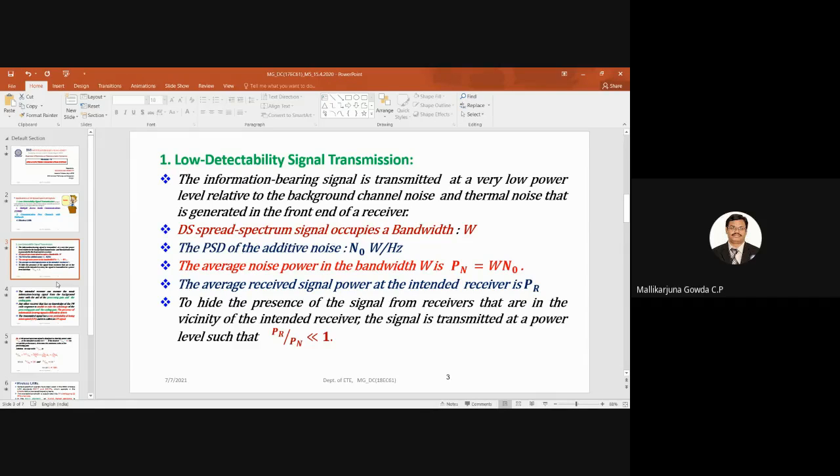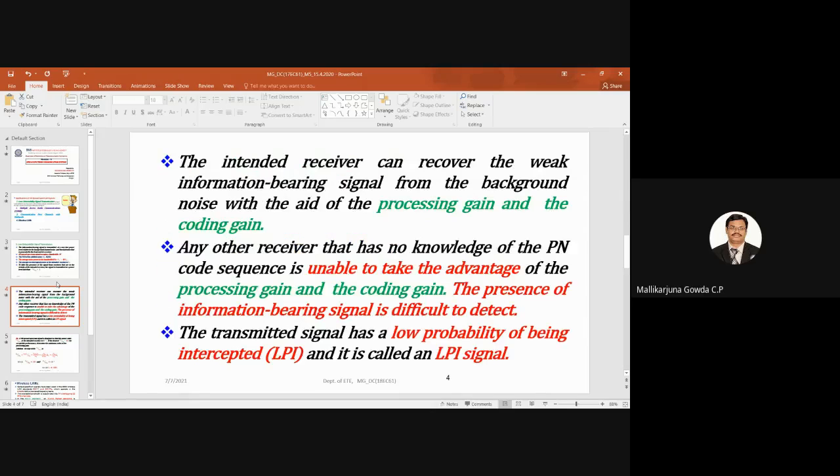Other users will not have the knowledge of the pseudo noise code, hence they cannot take the advantage of the processing gain and the coding gain, so they will not be able to detect such a low power signal. But the intended receiver or user has the knowledge of the pseudo noise code, so he takes the advantage of the processing gain and the coding gain to detect such a low power signal, right? So that is why it is called a low probability of being intercepted signal, LPI signal.